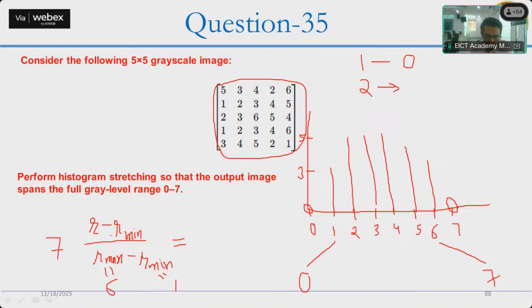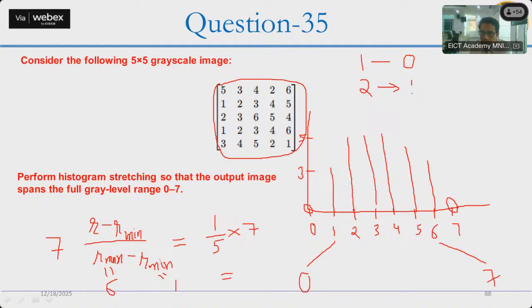2 कितना हो जाएगा? 2 minus 1, 1/5 multiply by 7. 1.4.